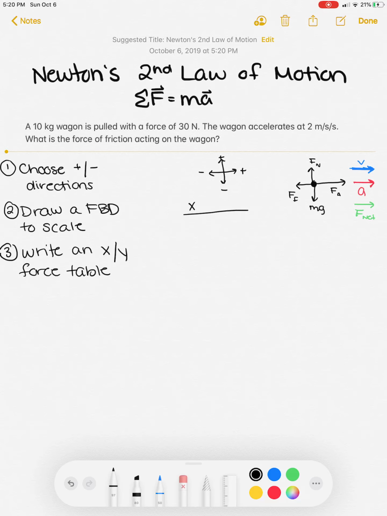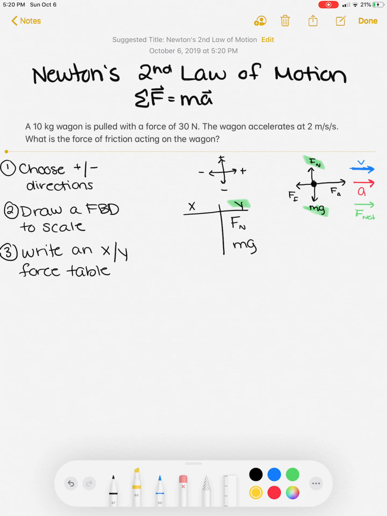So my X and my Y table. All I'm going to do is use my free body diagram and say, okay, in my Y direction, which is up and down, I've got Fn and I've got mg. So they're going to go over here in the Y side of my table. So I'm going to list Fn and mg. It's that simple, nothing difficult here.